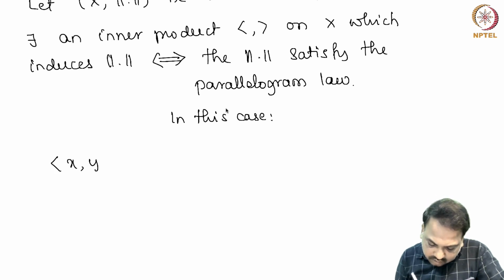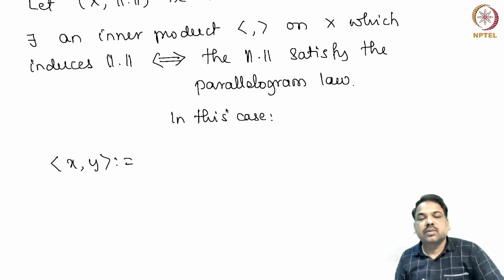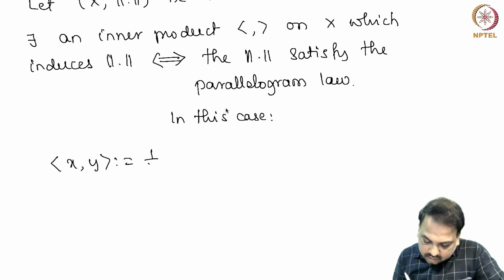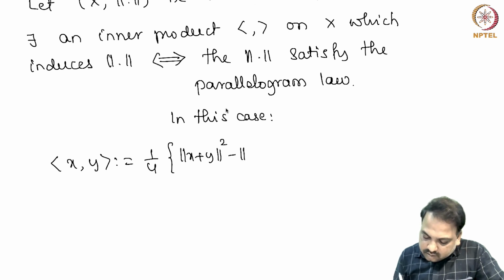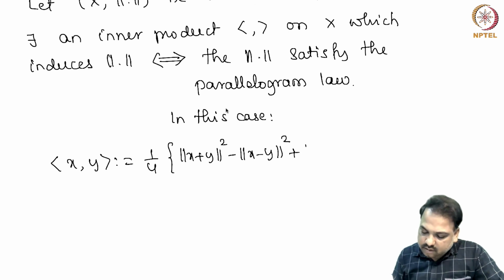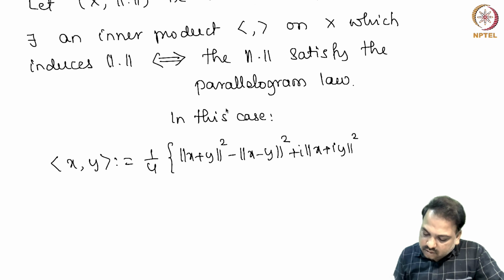The inner product of X with Y can be given by the polarization identity, that is nothing but 1 by 4 times norm X plus Y square minus norm of X minus Y square plus I times norm X plus IY square minus I times norm X minus IY square.